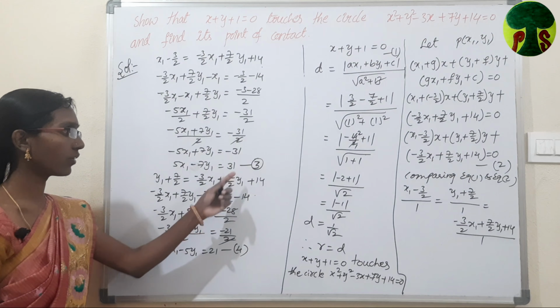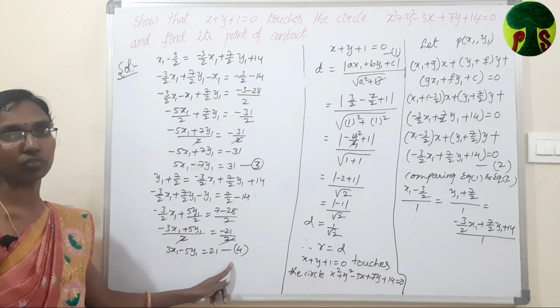Now we have to solve equation 3 and equation 4 to get the value of x1 and value of y1. Solving equation 3 and equation 4. To solve equation 3 and equation 4, we have to equal either x1 coefficient or y1 coefficient. I want to equal x1 coefficient in both the equations.